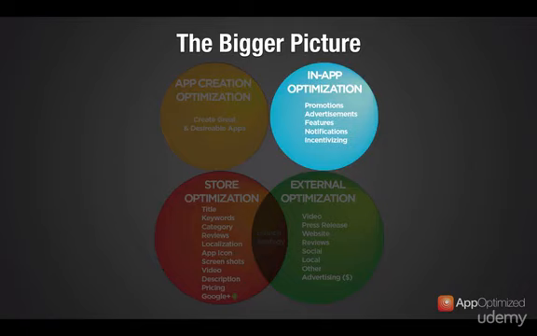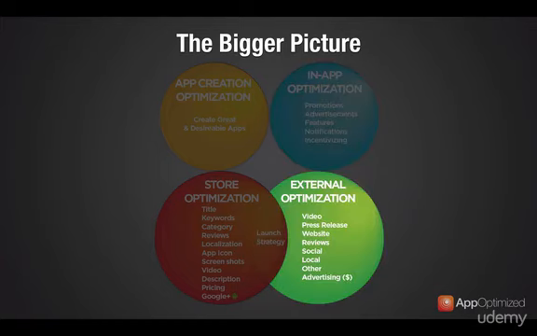Then there's also in-app optimization. Inside an app, you may have certain promotions or advertisements, features you could add, notifications, or a way to incentivize people to do something. All of those help with your app marketing efforts. So that's another aspect of app creation.